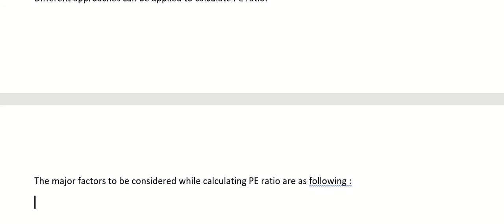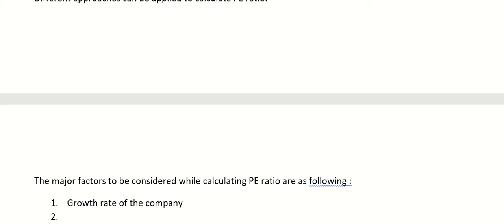Like the first one is, we can consider the growth rate of earning. So the first factor to be considered while calculating PE ratio is growth rate of the company, right? Like what is the growth rate? For example, price earning ratio, in very simple terms we can say that it is the ratio of price and earning.